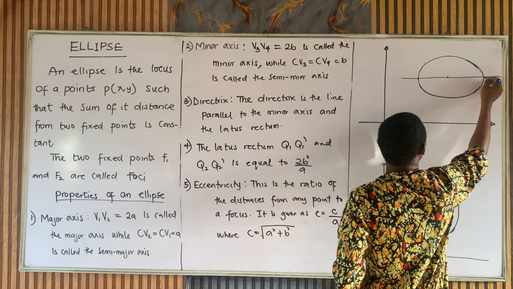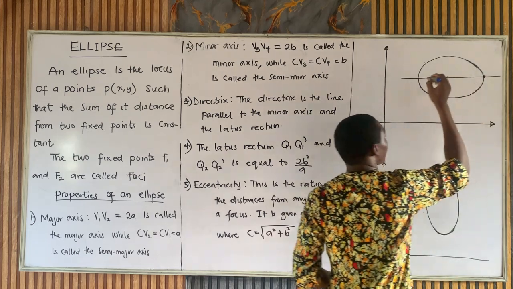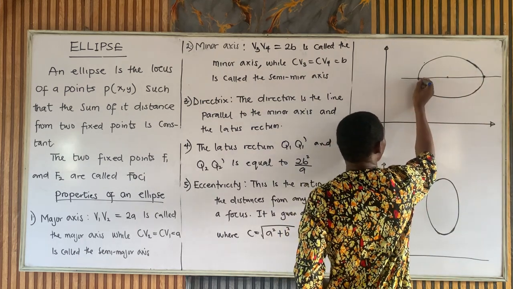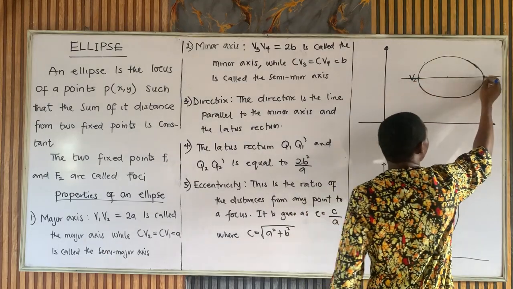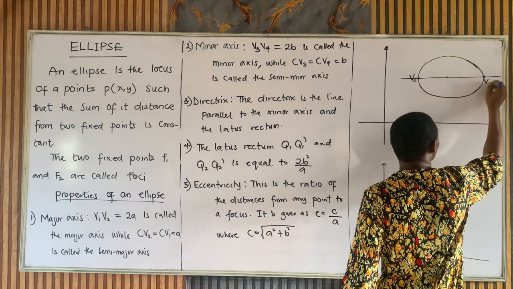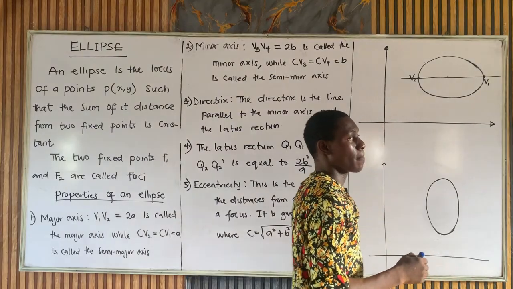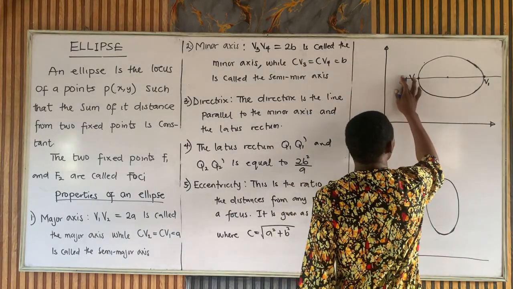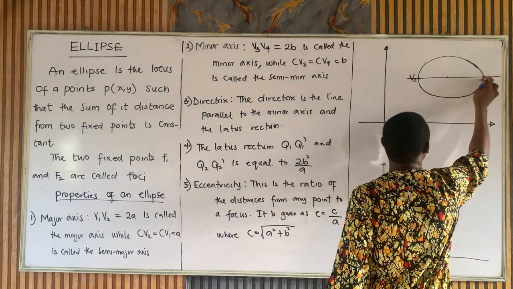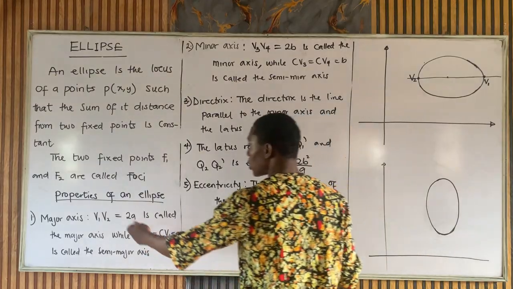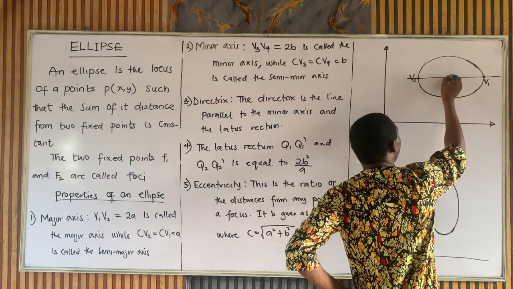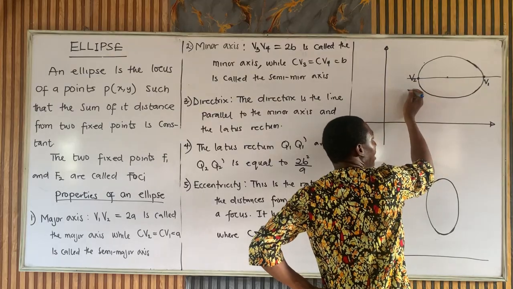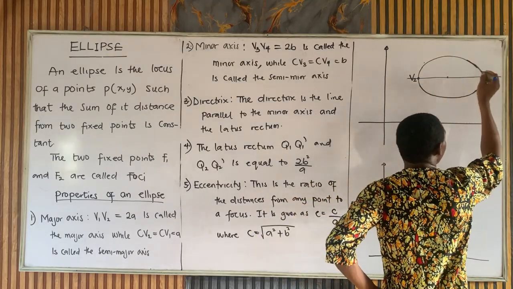From here to here, this point is known as your V2, and this point here is known as your V1. And so the distance from V1 to V2 is what we call your major axis. And mind you, the distance from here to here is A, and from here to here is A.